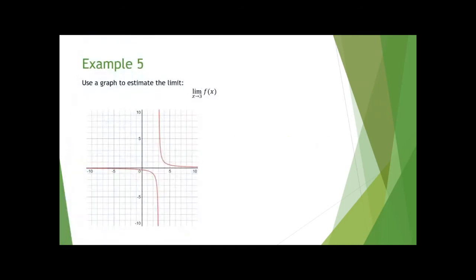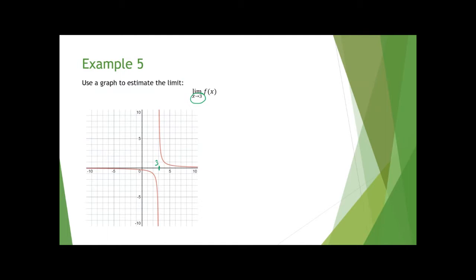And I've got one more example here. This one's a rational function. I'm not even giving you the equation because it doesn't really matter. We just want to look at the graph. It says that x approaches 3. So 3 is right here on the graph, counting by ones. That's x equals 3. And we actually have a vertical asymptote here.